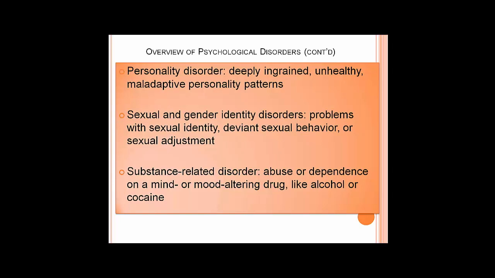Sexual and gender identity disorders are problems with sexual identity, deviant sexual behaviors, or sexual adjustment. Substance-related disorders are abuse or dependence on a mind or mood-altering drug, alcohol, cocaine, THC.